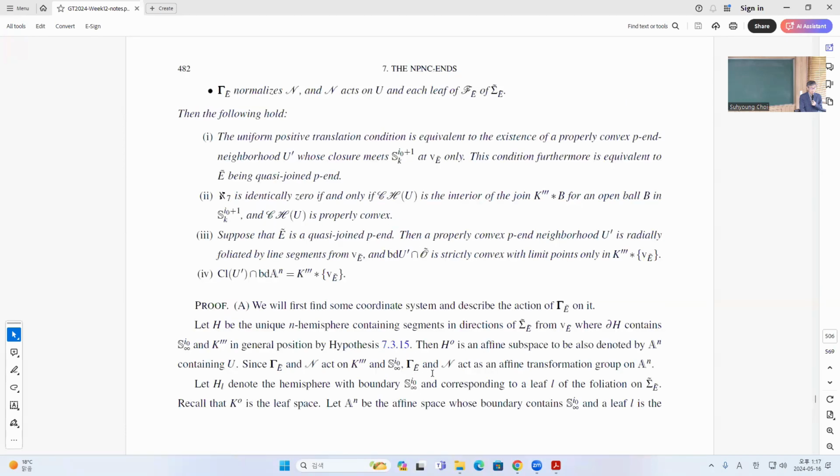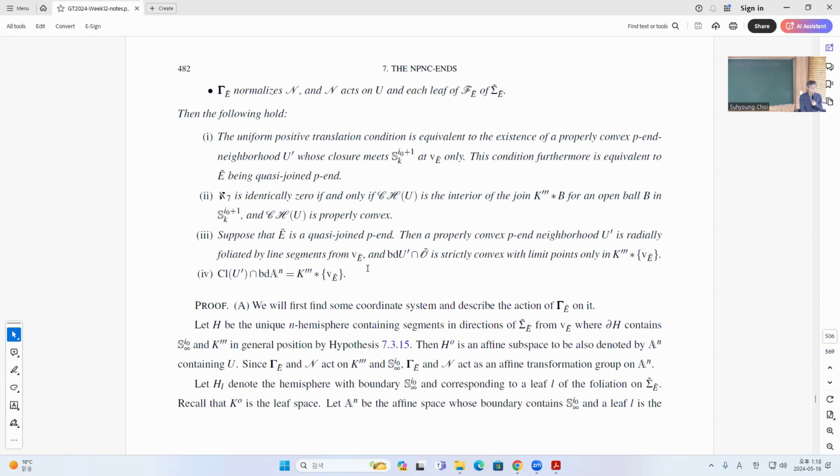Maybe these are redundant, but anyway, and then it normalizes. Then the uniform positive translation condition is equivalent to a properly convex neighborhood whose closures meet this sphere at K only at B, and this is equivalent to being a quasi join, and it's zero if and only if it becomes a join.